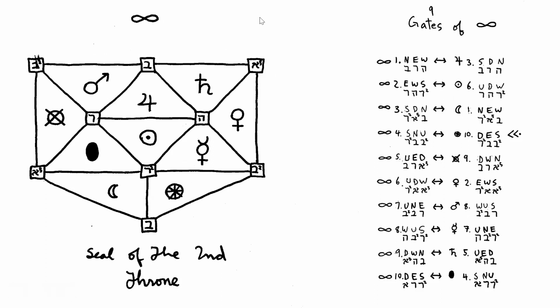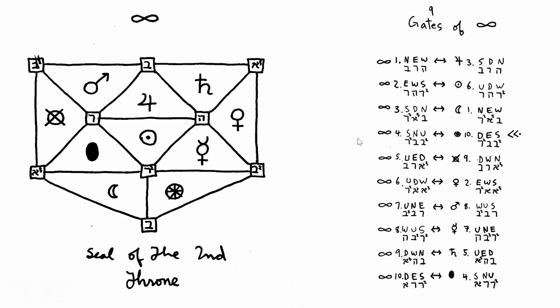That's because technically number 4 here, gate 4 from Chokhmah, goes to Kether. So this mantra is going to be south, north, up. So it's going to be Resh, Bet, Bet. And this is already a gate of Kether, right?